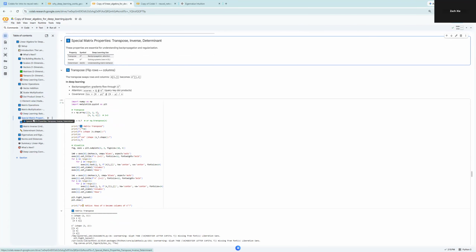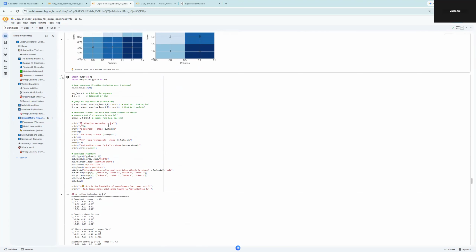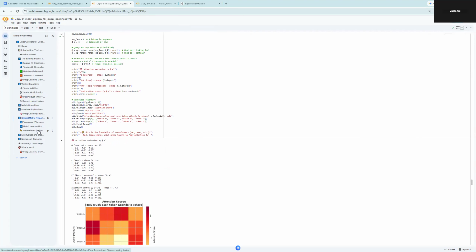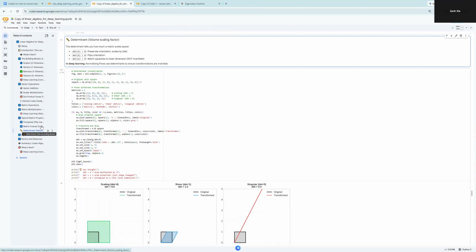And then we go on to talk about some of the matrix properties. Transpose just flips across the diagonal, and inverse, same thing. The more important thing is the determinant.